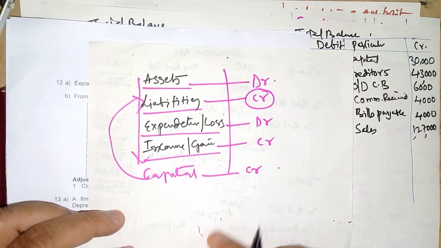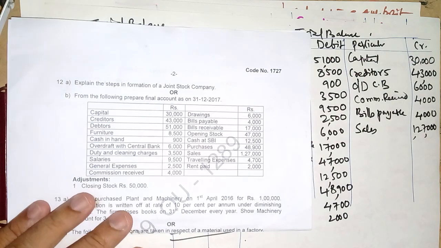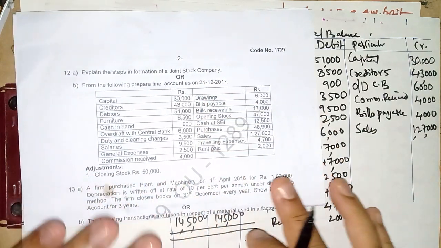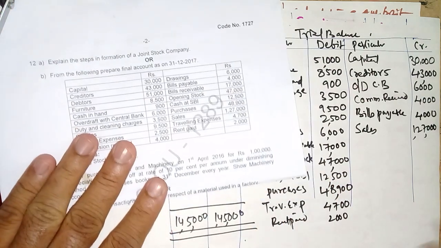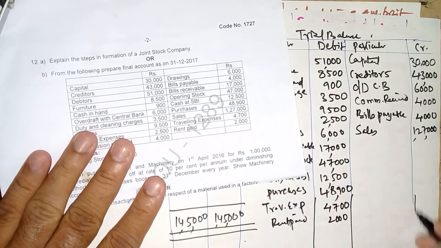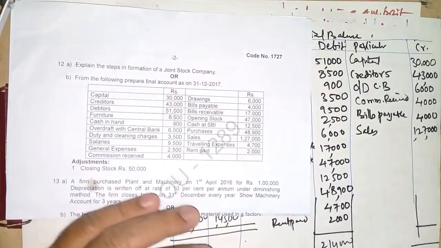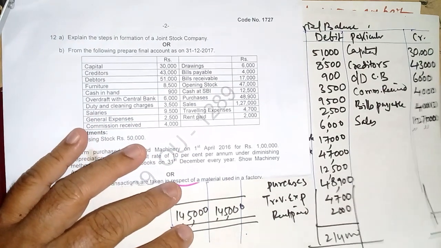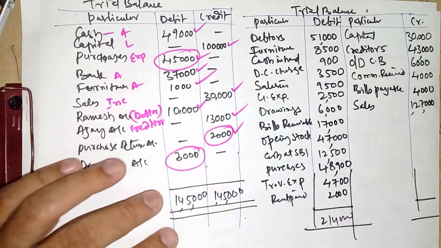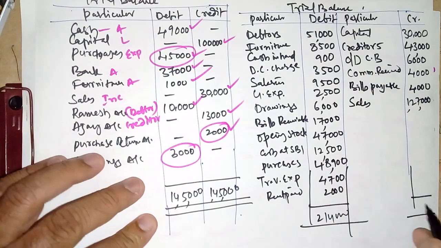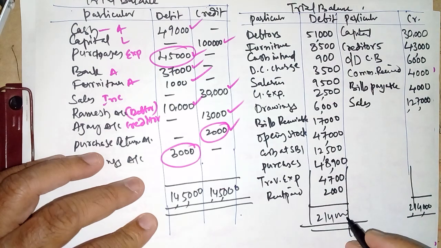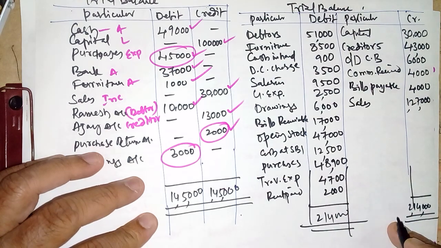On this basis we have recorded all these transactions, and this is the trial balance we are preparing. Closing stock we don't consider right now. Now we need to make the summation, and the totals of both sides should tally. When we add up, the trial balance tallies at 2,14,000: the debit amount is 2,14,000 and the credit amount is 2,14,000.